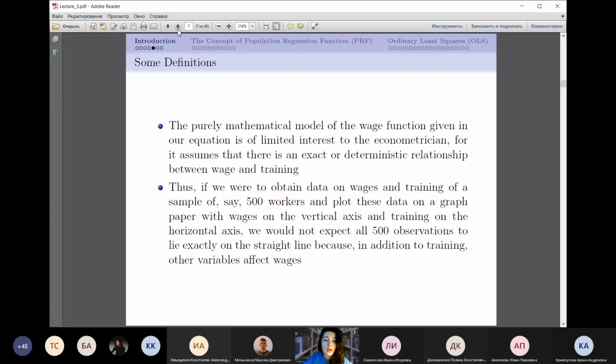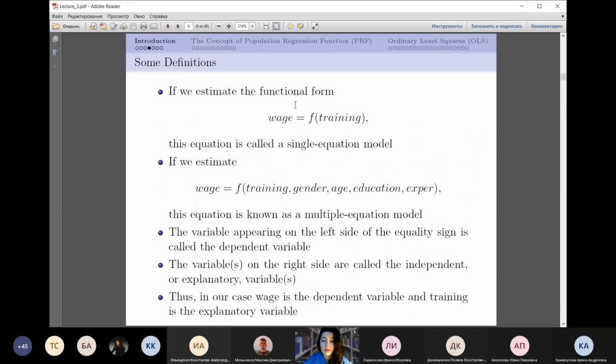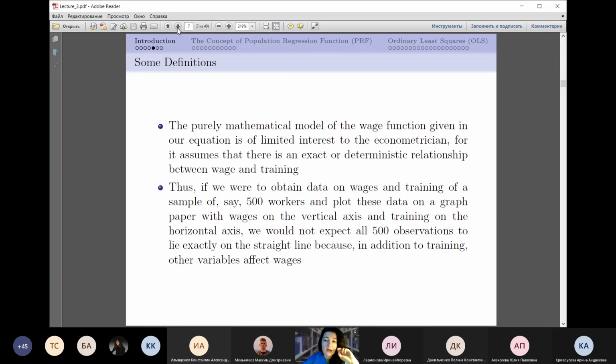And when we use a purely mathematical model, like in this case, the functional form here, of course, this equation is of limited interest to an econometrician, because we discussed that it assumes an exact, or in other words, deterministic relationship between wage and training.